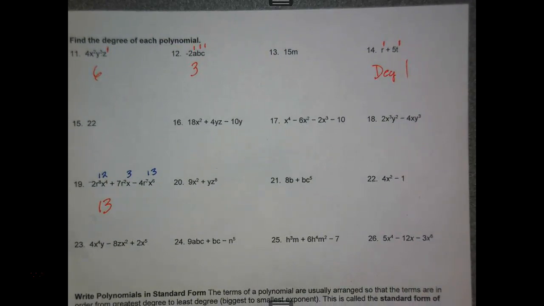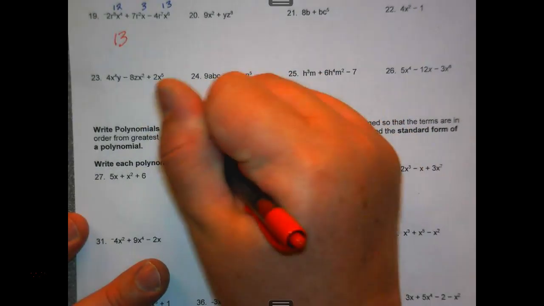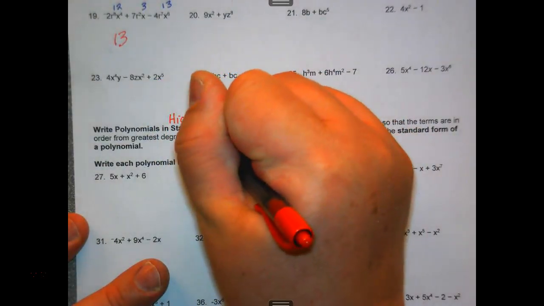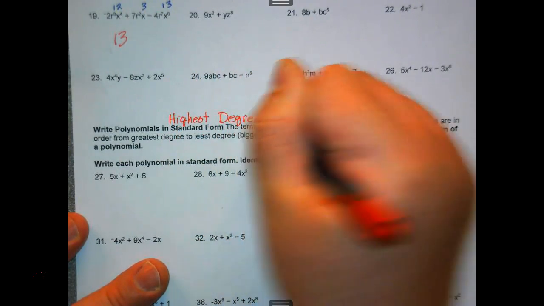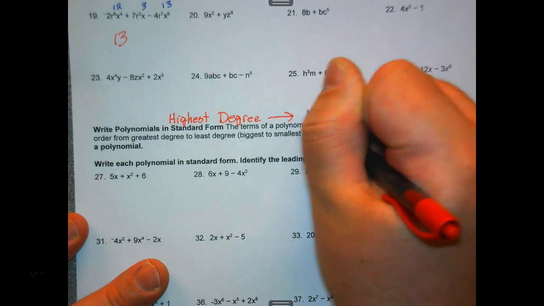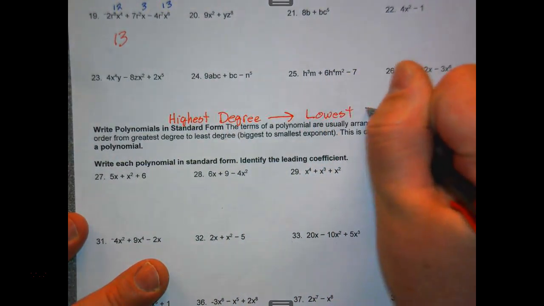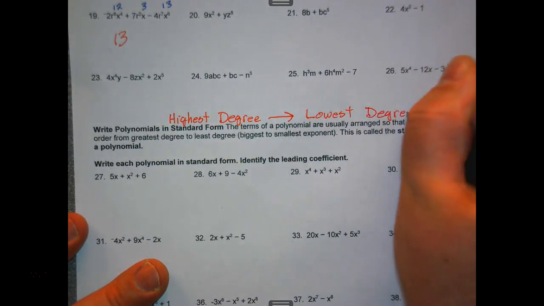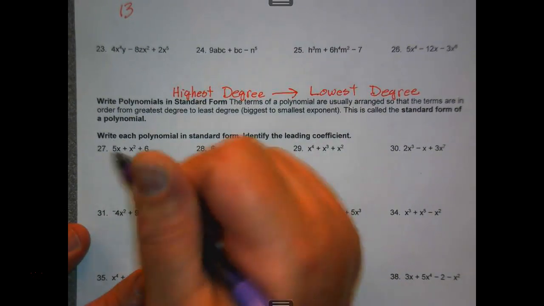How about writing them in standard form? Does everybody remember standard form? From highest degree to lowest degree? Okay, so you're supposed to write these in standard form. 27, what's the degree of 5x?